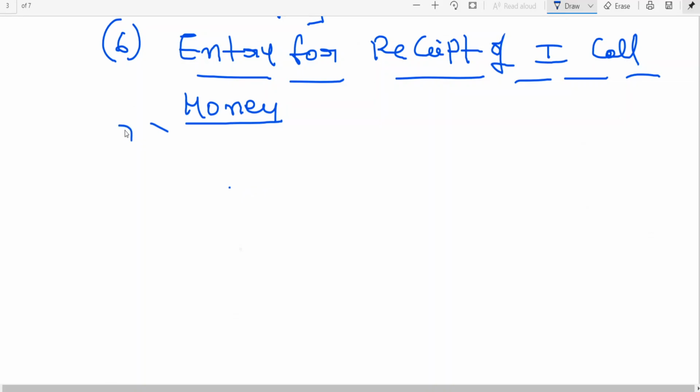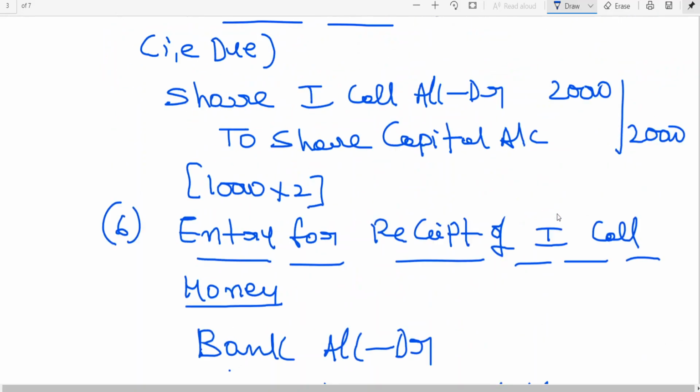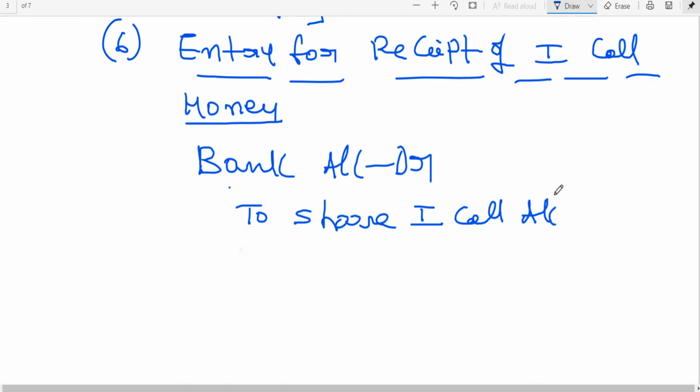Bank account debtor to share first call account. What is the amount? 20,000 rupees.